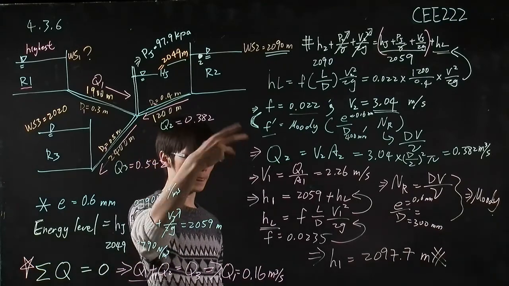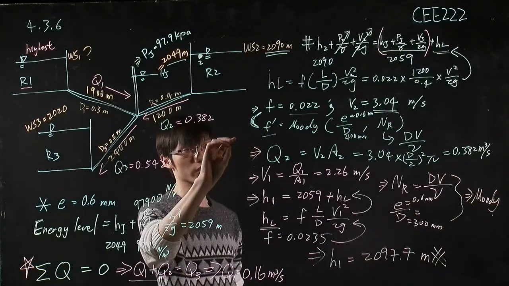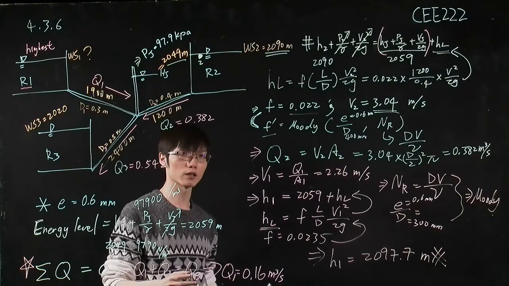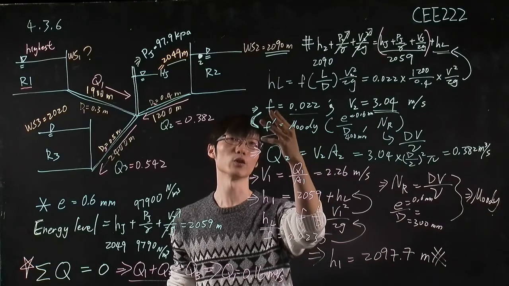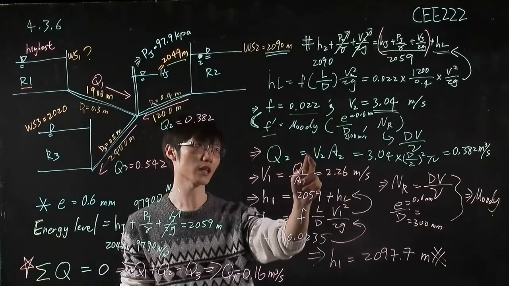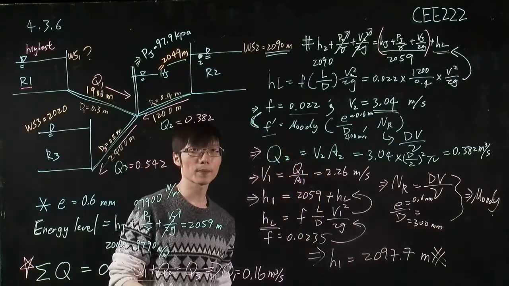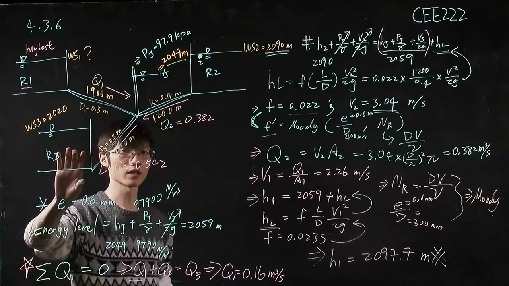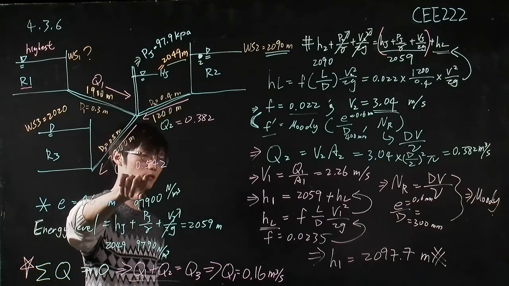With a few iterations, the number should converge to an acceptable value, and then you will use that value as our final factor to calculate the velocity. As soon as you get the velocity, you use this equation to calculate the flow rate, and you go through the same process for reservoir 3, then you will get the flow rate Q3 at this point.